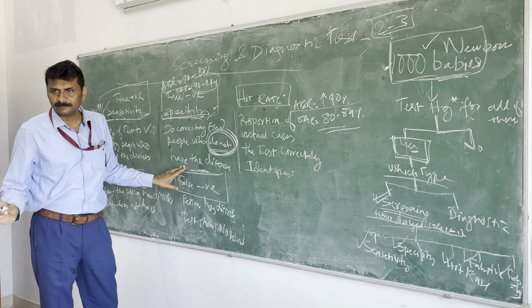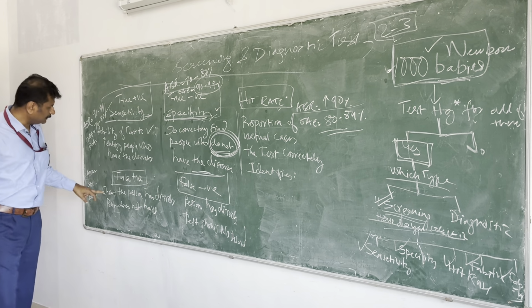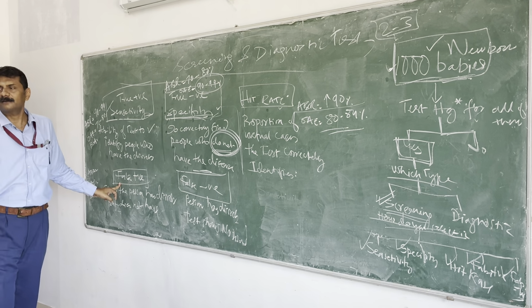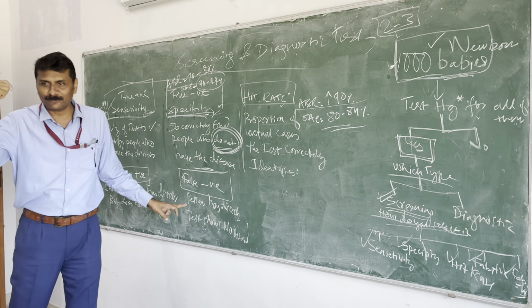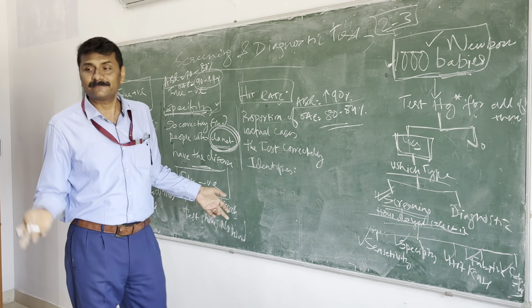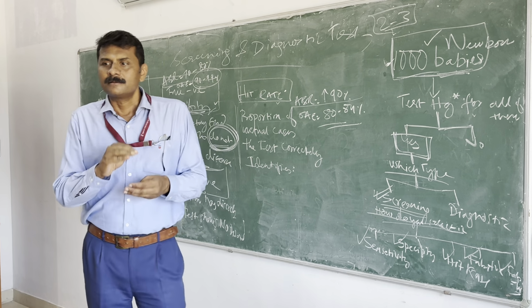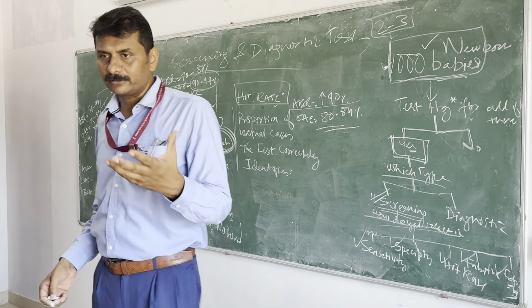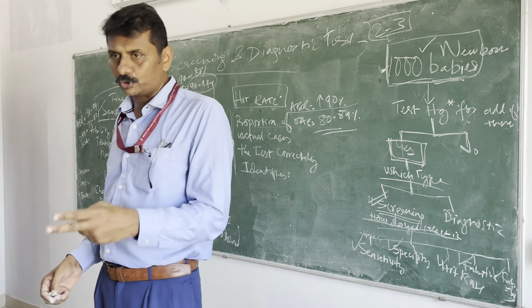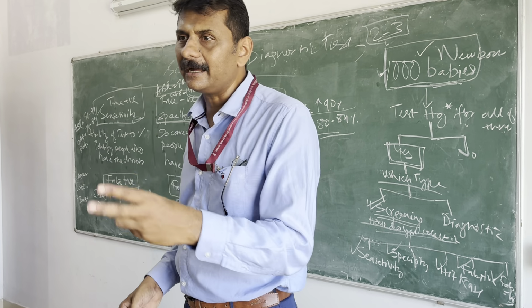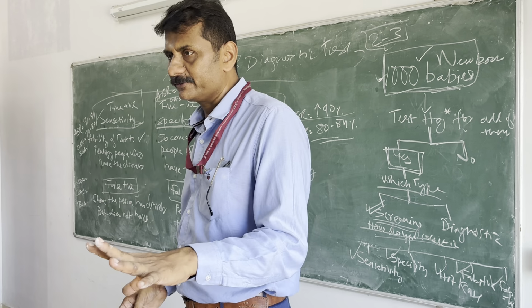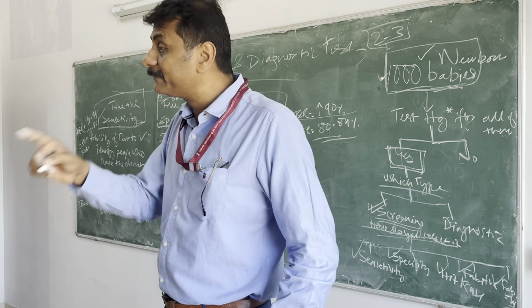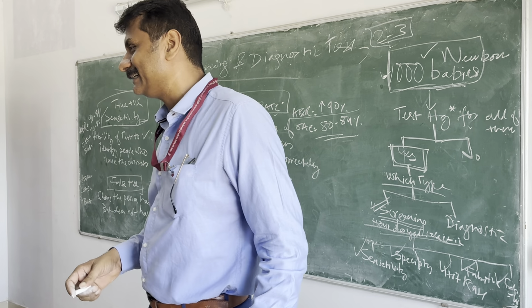Correct? Then there is something known as the false positive, which means unnecessarily saying refer although it is normal, and false negative, which means missing a disorder. Now here, if we see, there are two major tests which have brought about a revolution. The first is the otoacoustic emission and the second is the auditory brainstem response. Both of them have different sensitivity and specificity.